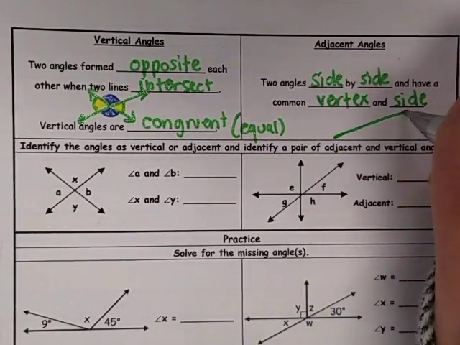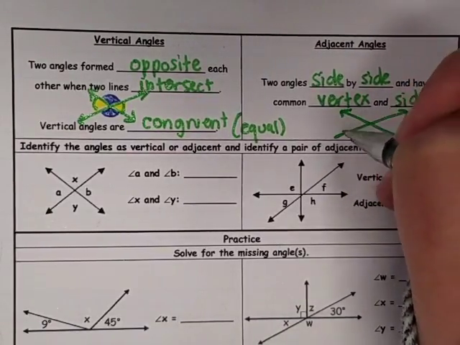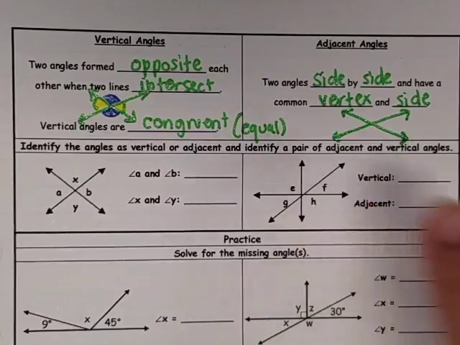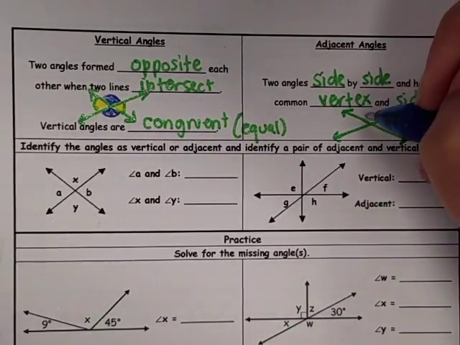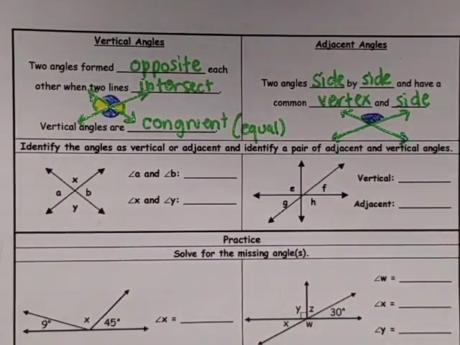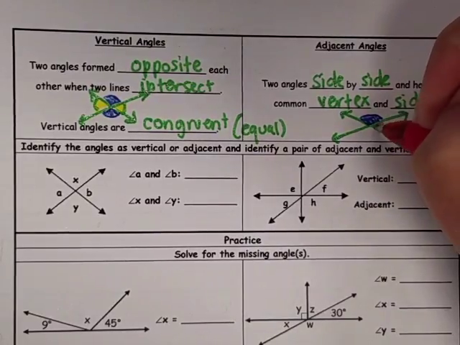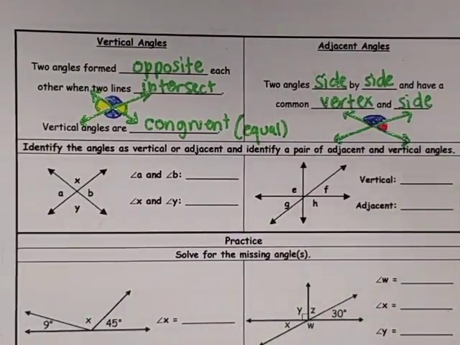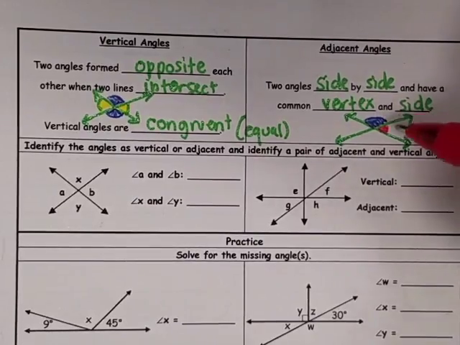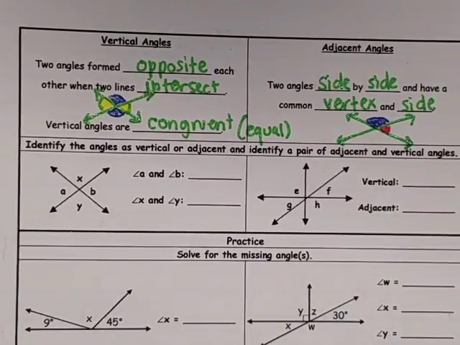So if I have the two intersecting lines, my adjacent angles are going to be this blue one and this red one. Okay. They're adjacent because they share this vertex right here and they have this same side that they share. Okay, so those are adjacent.